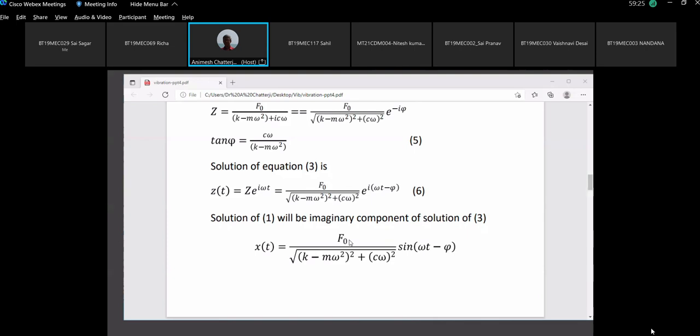So I cannot reduce F0. I have no control on F0. But as an engineer, can I reduce the magnitude? This is the magnitude of vibration. Can I reduce it? So, as an engineer, what do I do?